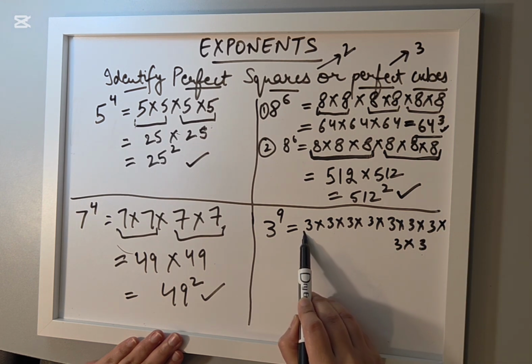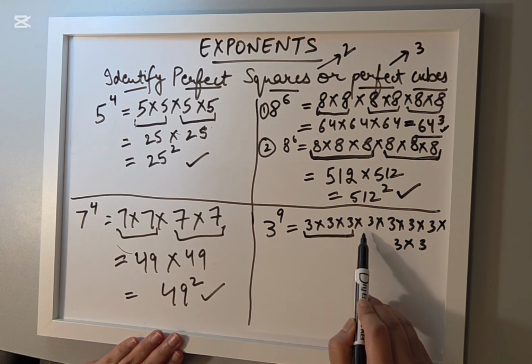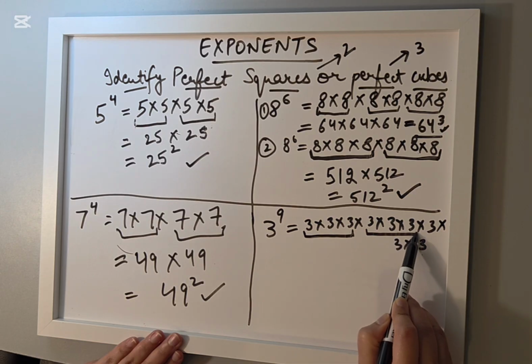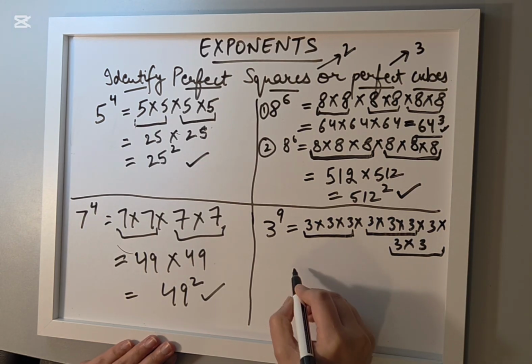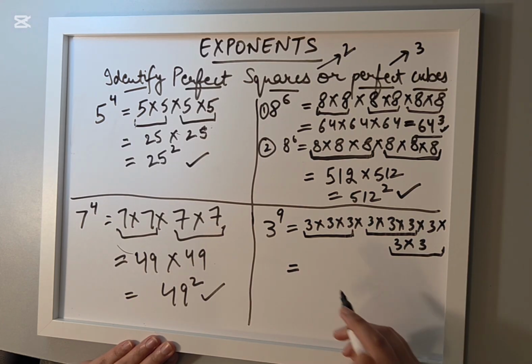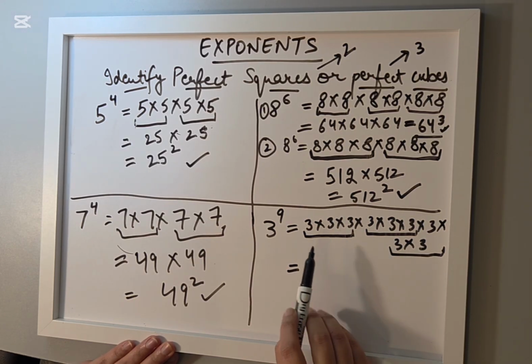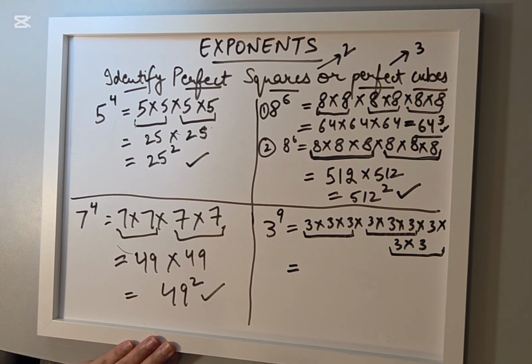Okay, so let's try to make groups of threes. So one group of three, one group of three, and one group of three. Okay, so try to calculate how much is it. 3 into 3 into 3. Just think and try to come up with the answer.